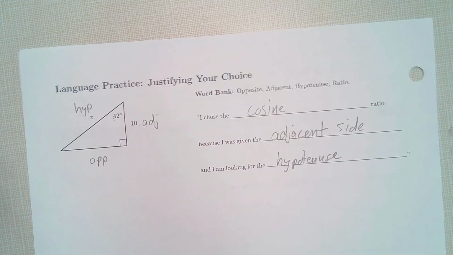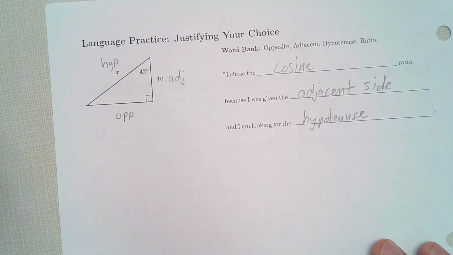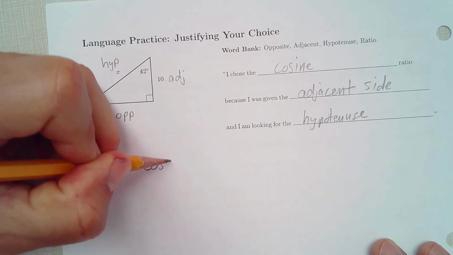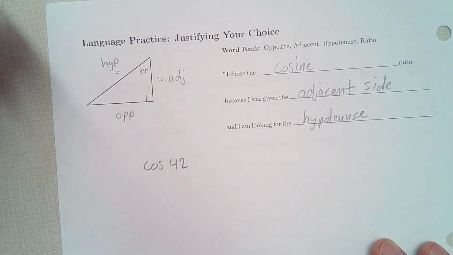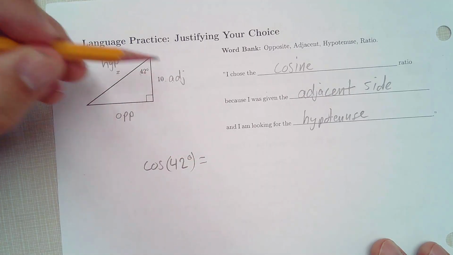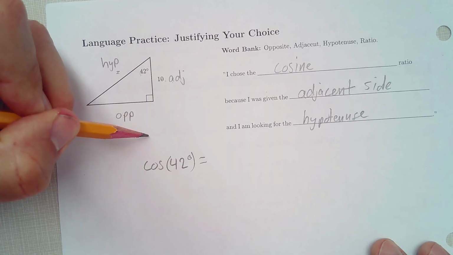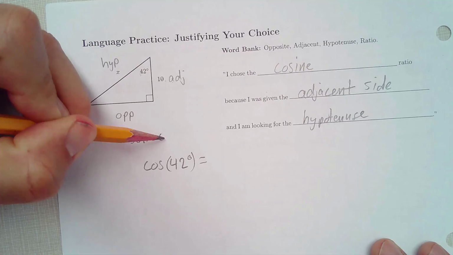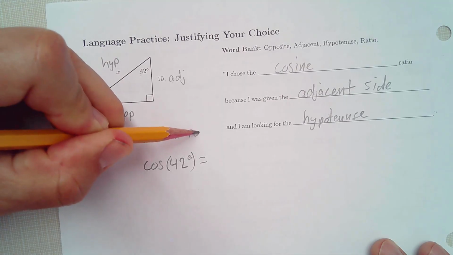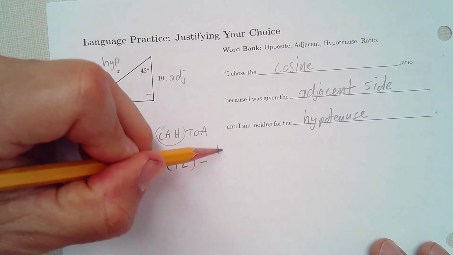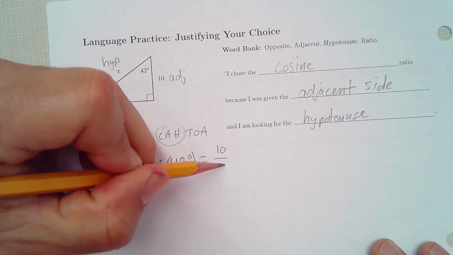And you know, it would be good to practice doing this. So the cosine of 42 degrees, I'll put that in parentheses, is equal to the adjacent side, which is 10, right? Because SOHCAHTOA, cosine is adjacent over hypotenuse, so that's 10 over the hypotenuse, which is x.